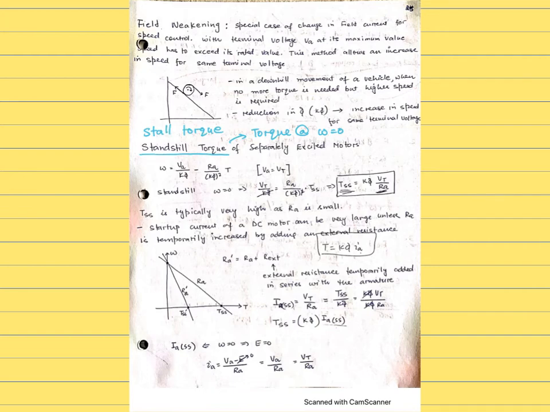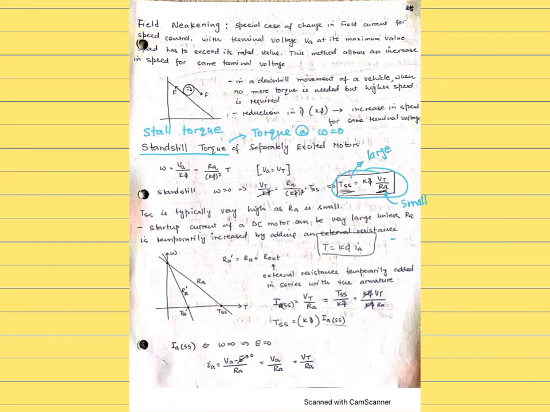So T_SS stands for standstill torque, and it is given by this expression. And this torque is typically a very high value, as RA is usually small. You saw its values, right? 0.15 ohms, 0.065 ohms, and so on. So this is very small. That's why, in general, we have a large torque at zero speed.